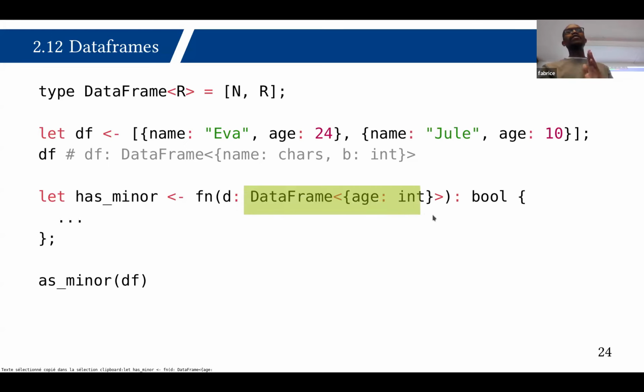And I can target a specific column. If I made a data frame, because I made a shortcut there, with record age int, it just means that it targets every data frame that has the column age of type int. So with that, we're able to work with specific data frames in a certain way. So if you have any data frame you want, if it has this column, it will be accepted in this function.